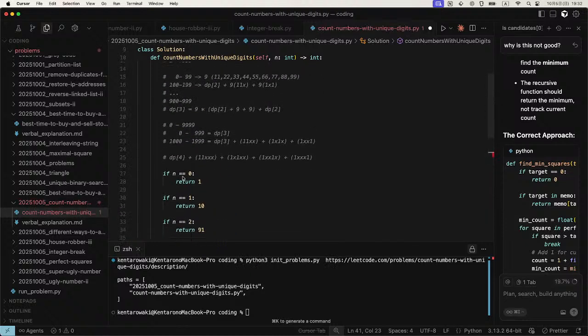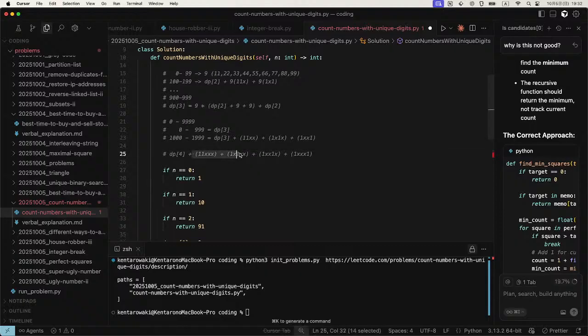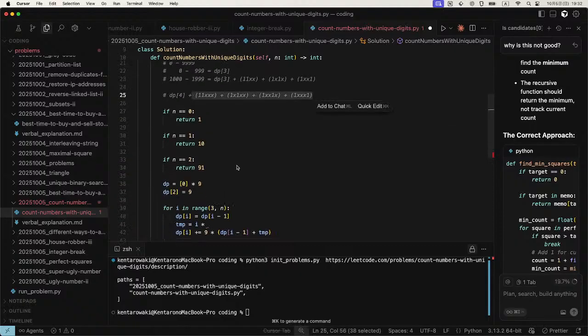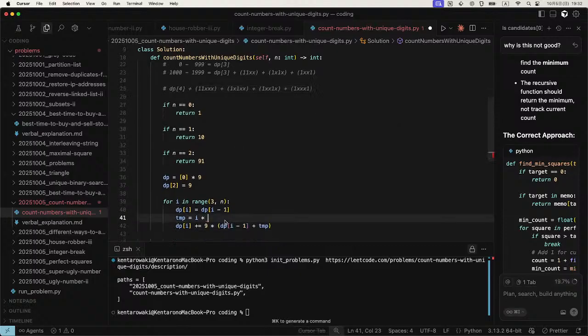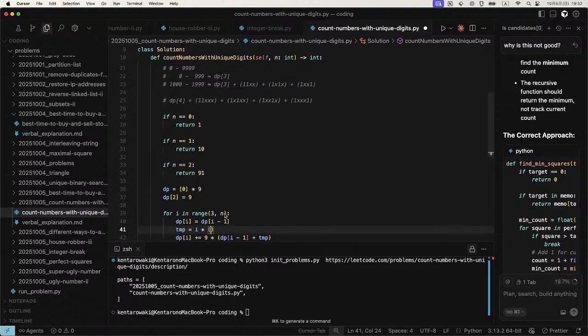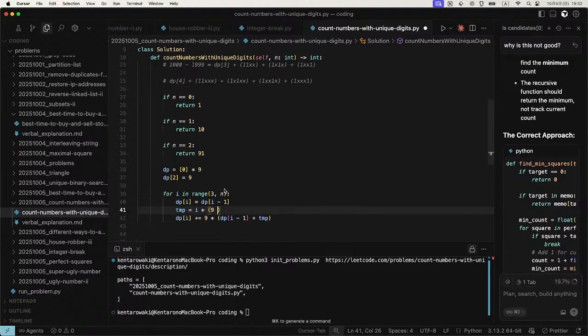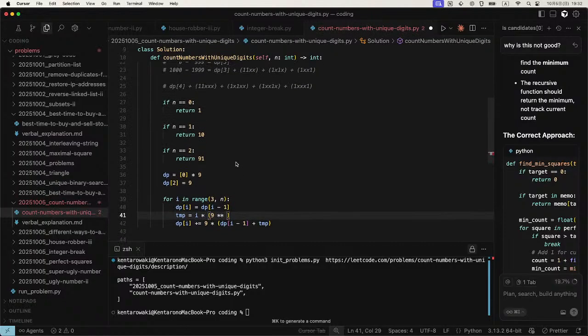When I is 4, we have 4 patterns, so we times 4 and it's 9 power of I minus 1.